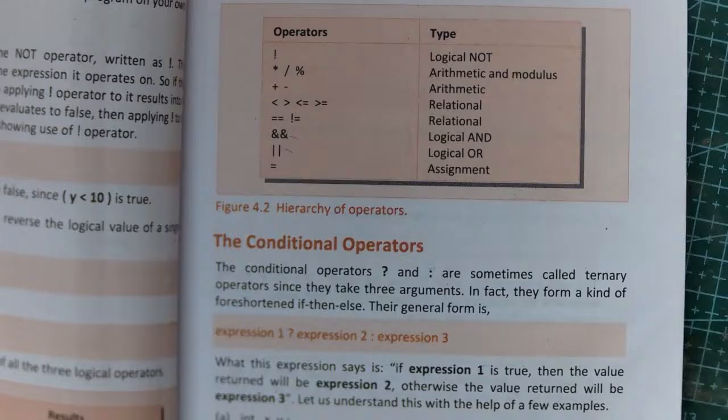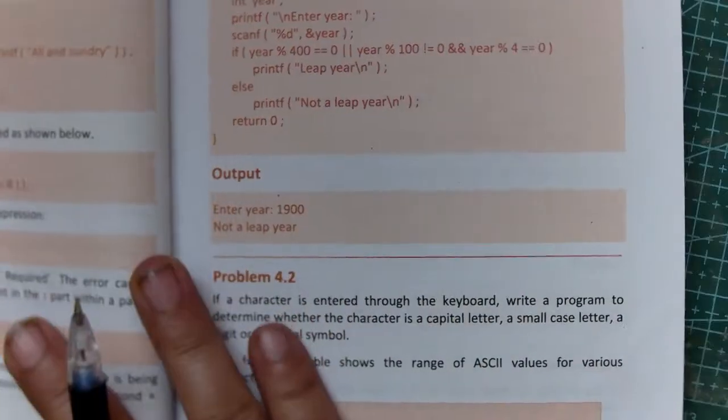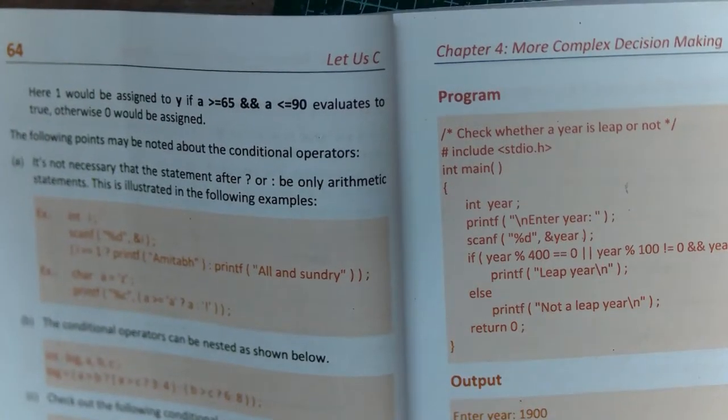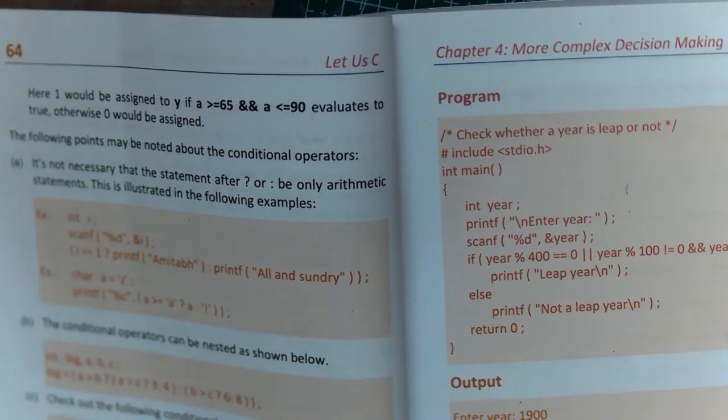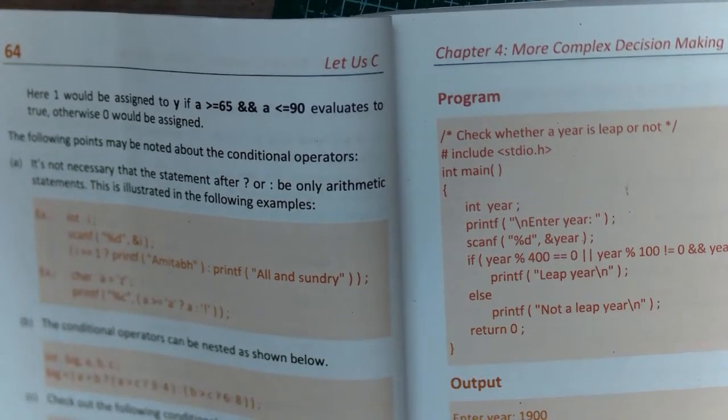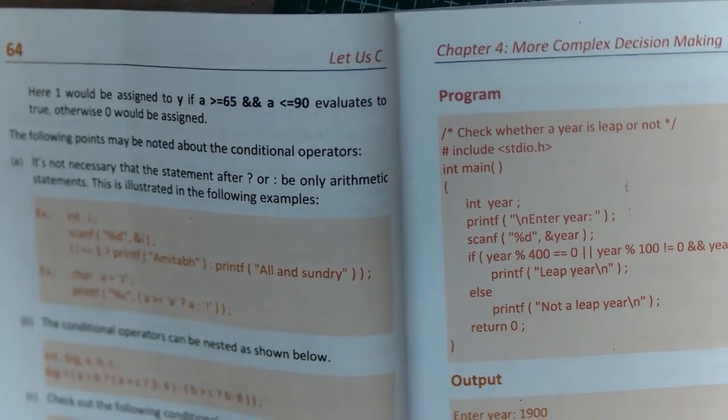If a is greater than or equal to 65 and less than or equal to 90, then the answer would be 1, else 0. Here 1 would be assigned to y if a is greater than or equal to 65 and a is less than or equal to 90. Otherwise, 0 would be assigned.